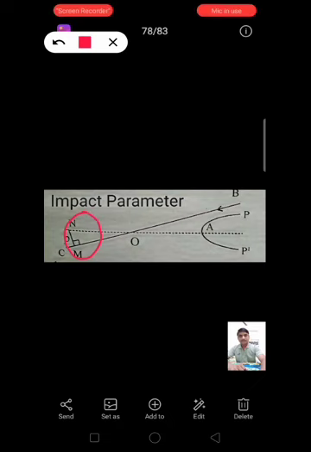This is the perpendicular distance between the nucleus at N and the path of the alpha particle in the absence of the nucleus, represented with MN on the screen, and the distance between M and N is p. It is known as the impact parameter of alpha particle scattering of Rutherford.